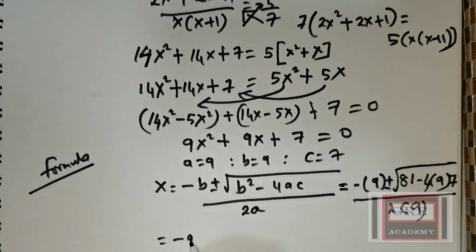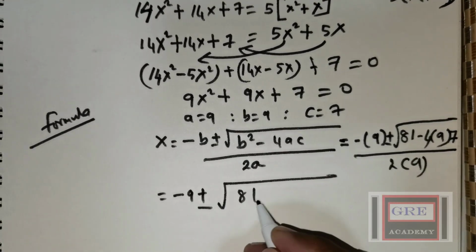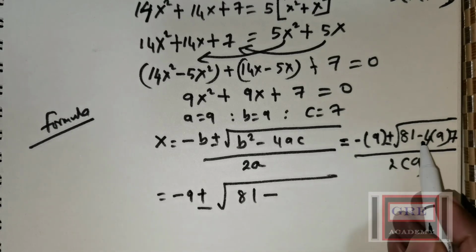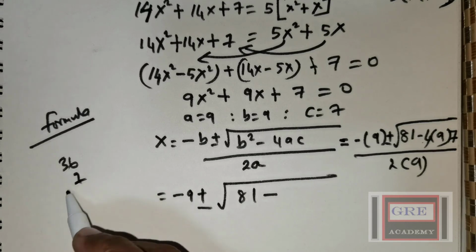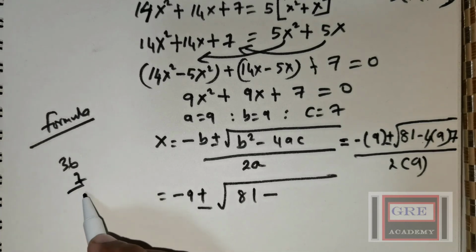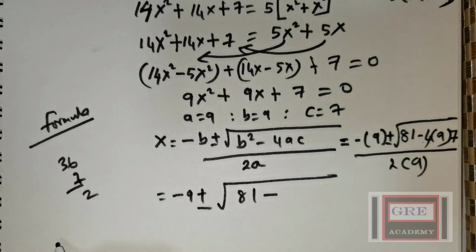This is equal to negative 9 plus or minus root of 81 minus, now 4 times 9, that's 36, multiplied with 7. 7 times 6 is 42. 7 sixes are 42. 4 7s are 28, 25, 252.